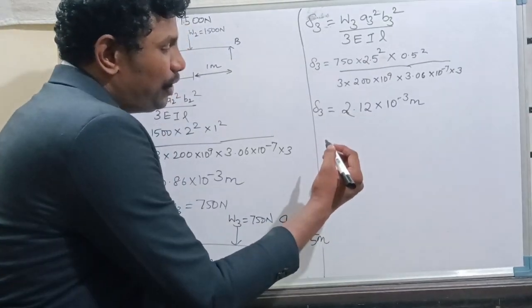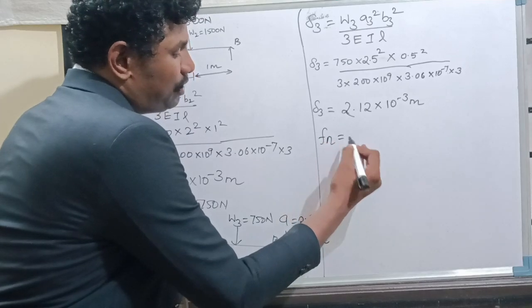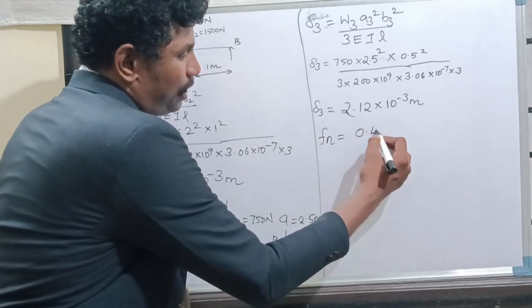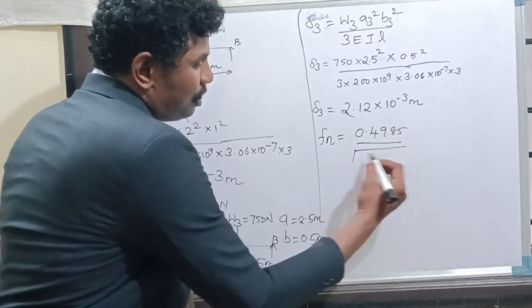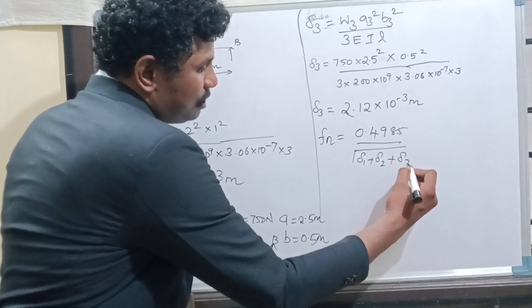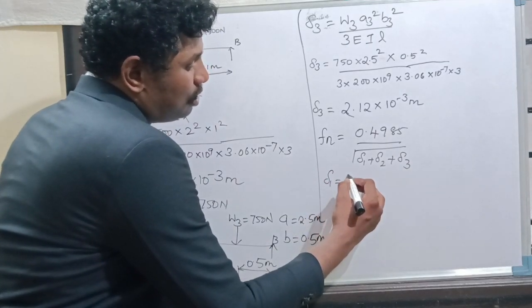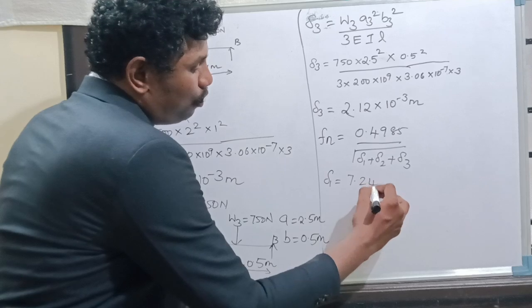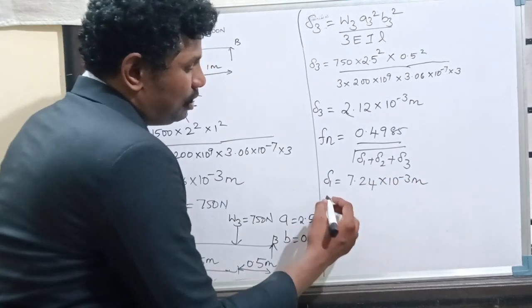So from this we are going to determine the frequency of the transverse vibration. So frequency is equal to 0.4985 divided by root of delta 1 plus delta 2 plus delta 3. So delta 1 is 7.24 into 10 power minus 3 meter.